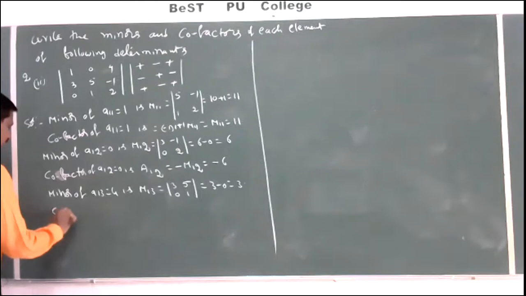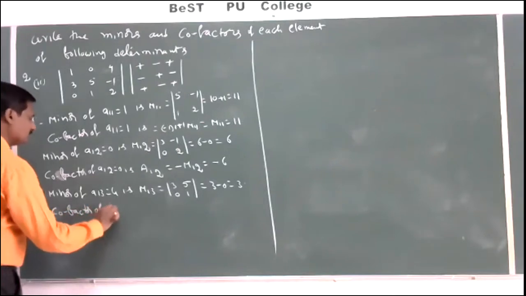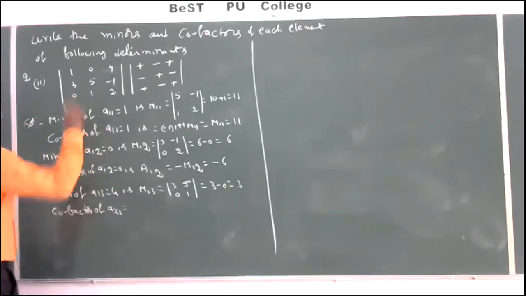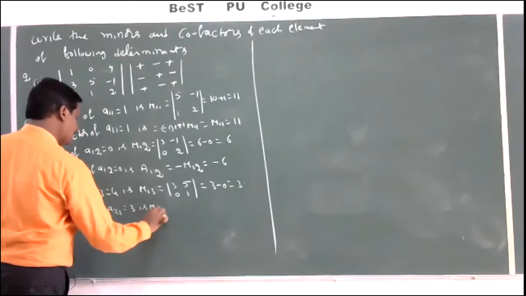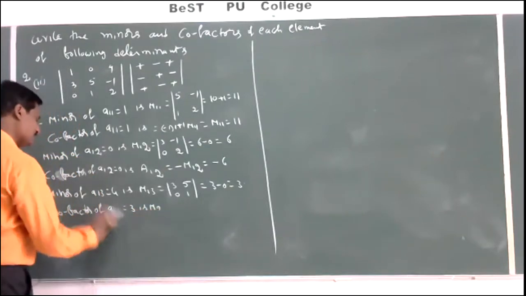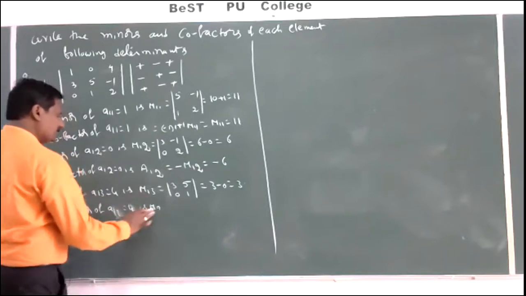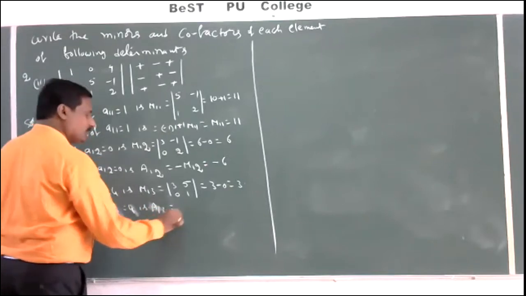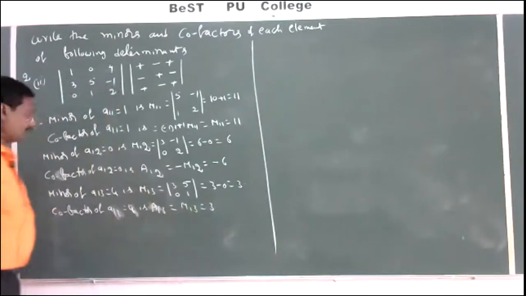Cofactor of a13 is capital A13. Here 1 plus 3 is 4, even, so directly M13, that equals 3, is the cofactor.